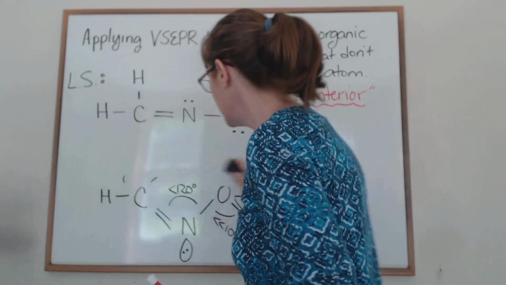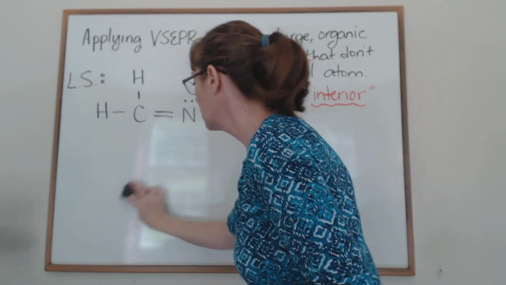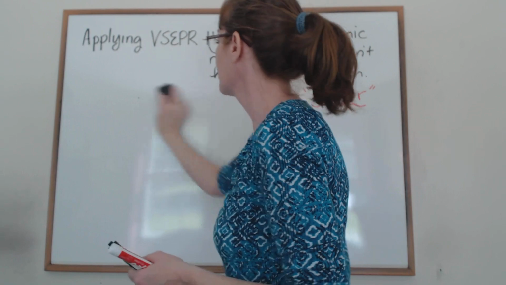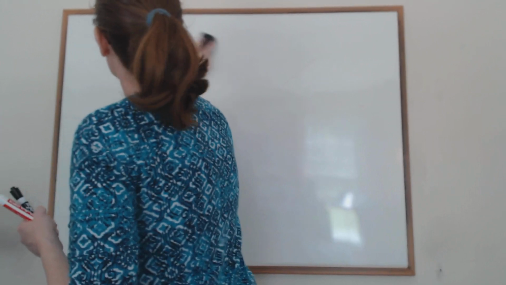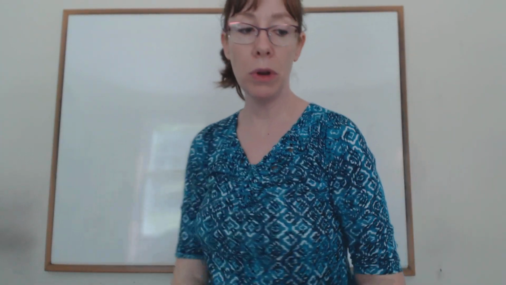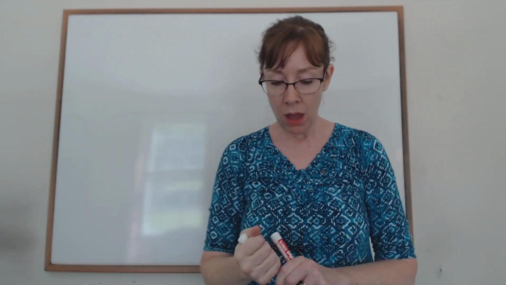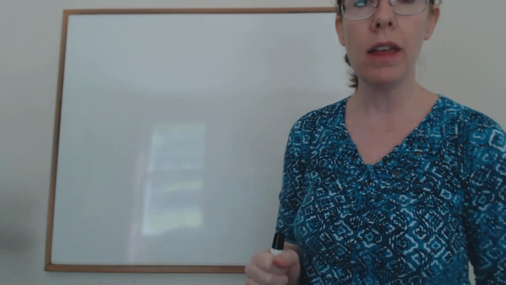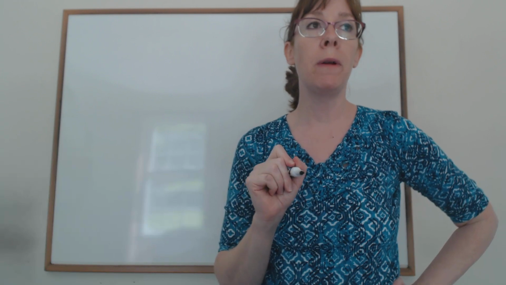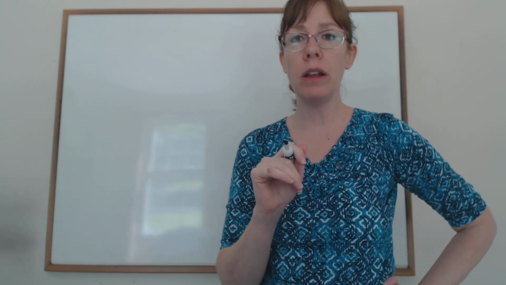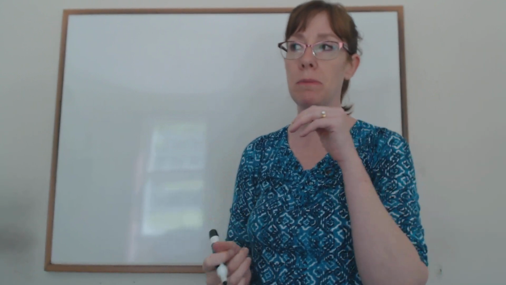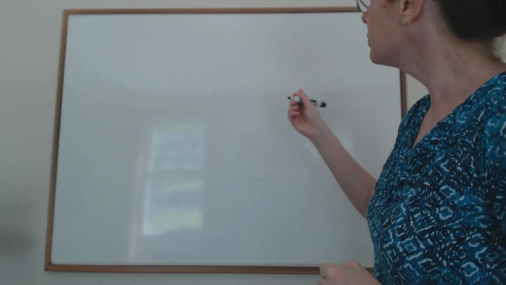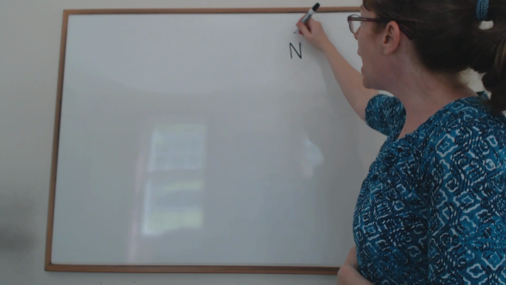Let me put one more on the board as an example of a larger molecule that we can analyze. One of your homework questions, I believe, has a larger molecule. With that one, if you had in the homework question on homework 4, I think I wrote it on the explanation, but with the nitrogen, you have to add a lone pair.